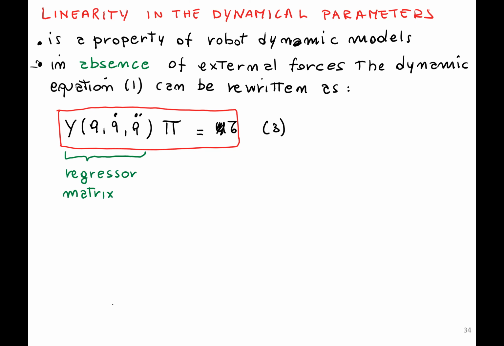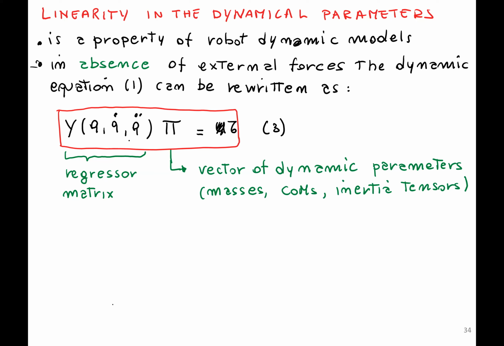We collect all the dependencies on the q and q dot and q double dot in a matrix that is called the regression matrix, while in the vector P we have all the dynamic parameters, the masses, the center of masses, and the inertial tensors.